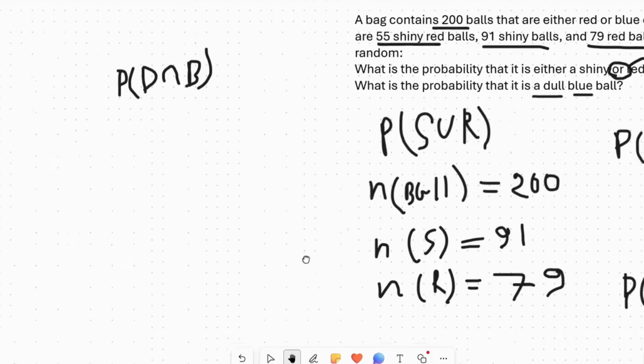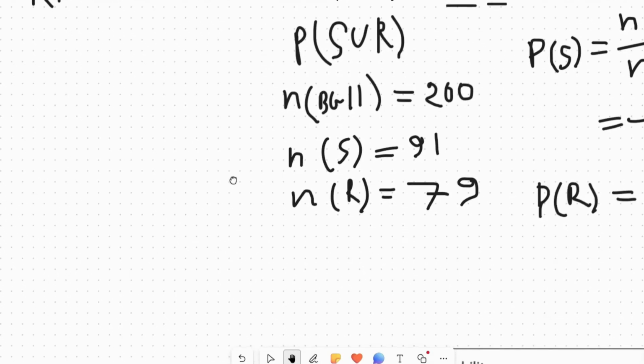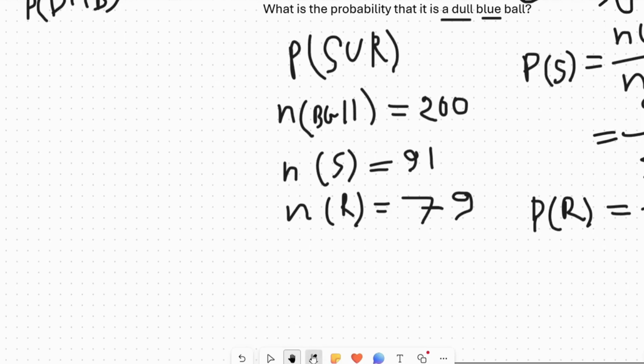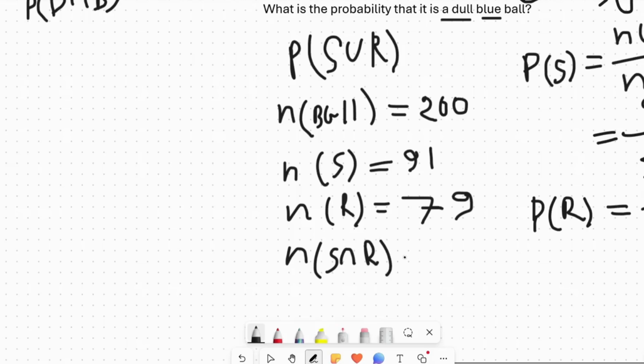So for this we come here and find some values using the given details. So we know this value is given, 55. There is 91 shiny balls and 55 of the shiny balls are red.